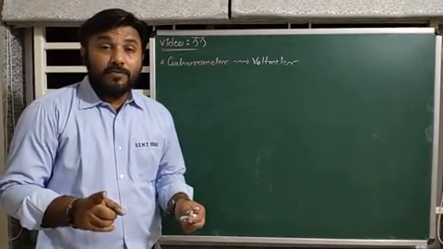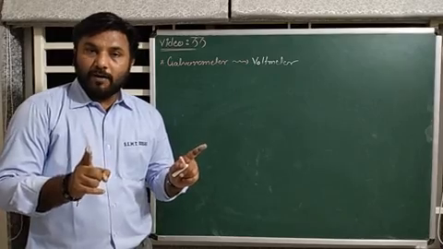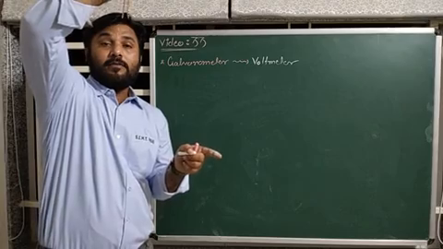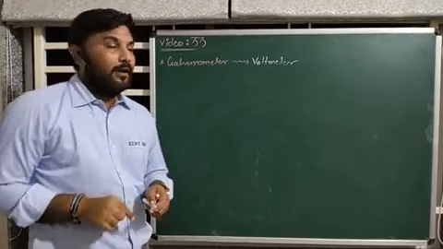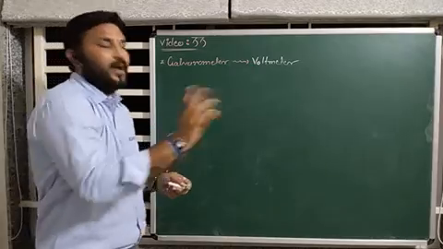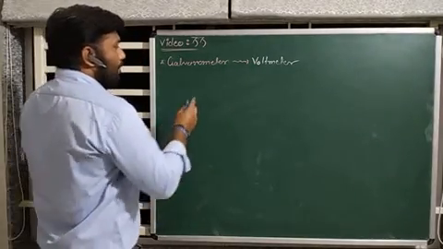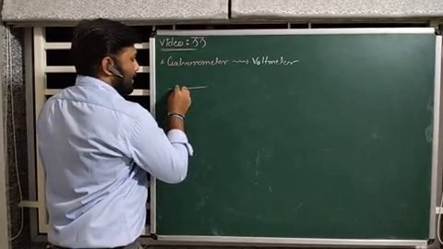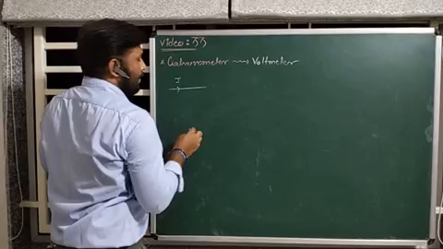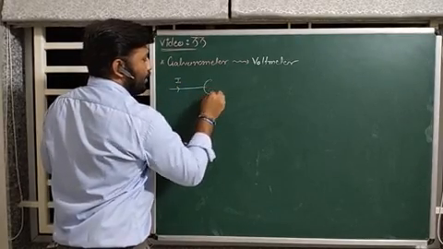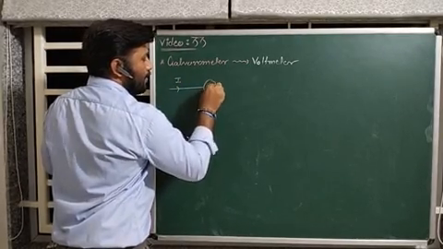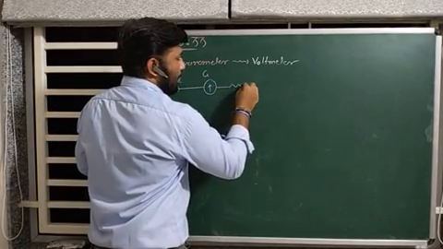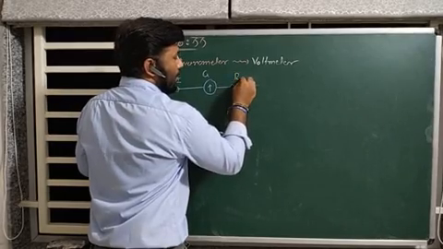In the ammeter, what we have seen? You have to join a resistance whose value is less than the resistance of the galvanometer, and it is connected in parallel. The inverse of that: to convert a galvanometer into a voltmeter, let us say this is the electric current I passing through the galvanometer G having a resistance Rg.